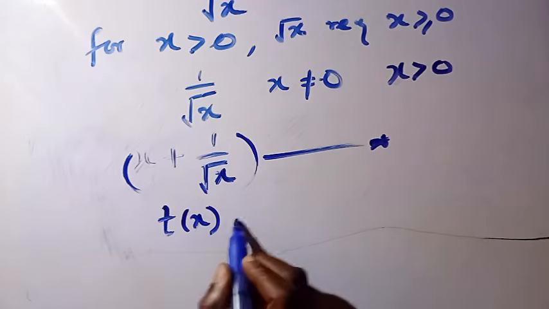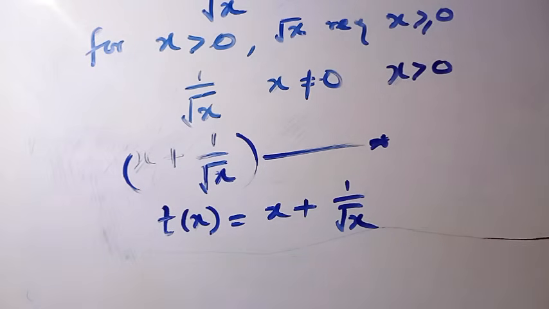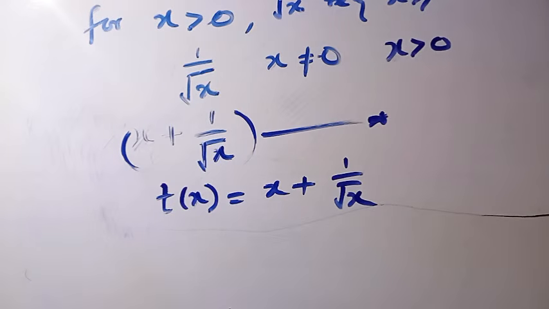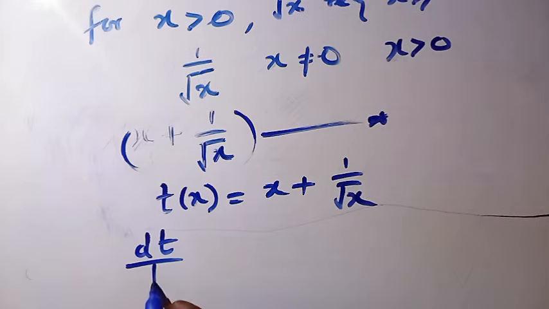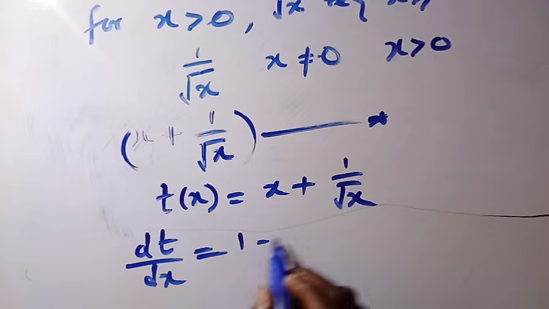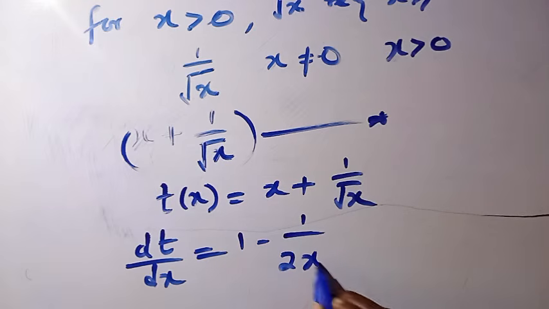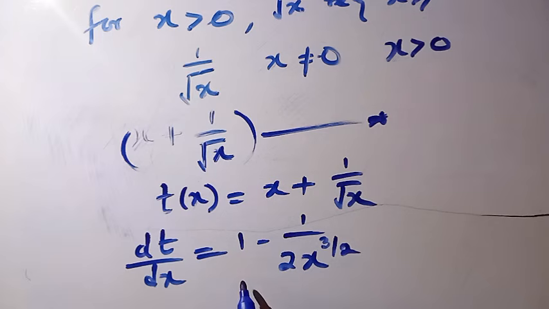Let's say we have t of x equals x plus 1 divided by square root of x. Here we are going to take the derivative of this. By differentiating, we have dt divided by dx equals 1 minus 1 divided by 2x raised to the power of 3 over 2.